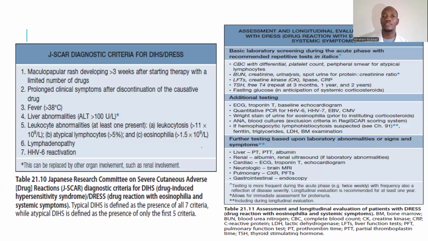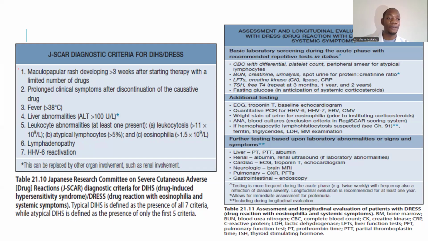So how do you diagnose DRESS? DRESS has been under review by different literature, and they have proposed different diagnostic criteria. But the one that I usually like most is the JSCAR diagnostic criteria. So in this case, it has a few features that actually you see even in the wording itself.